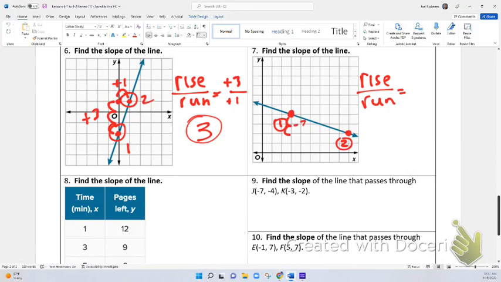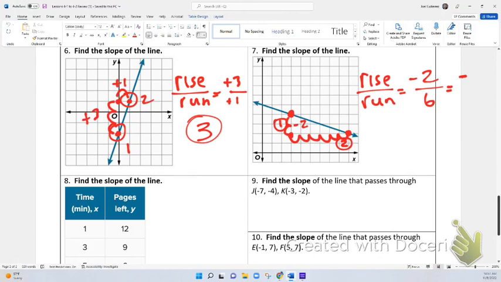So I call that negative 2 because I had to go down 2. And then after I go down 2, I have to go to the right 1, 2, 3, 4, 5, 6 spots. So then I'm left with negative 2 over 6. The top number still needs to stay a negative.